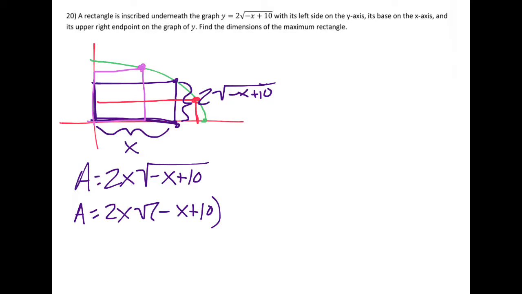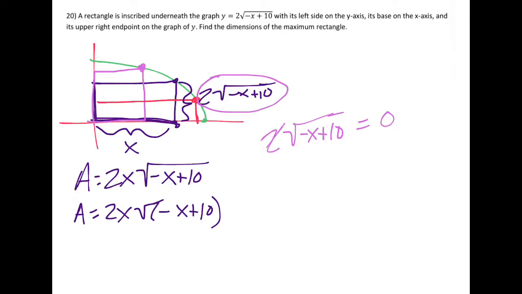So again, our technique so far has been to take whatever it is we're substituting into our area equation, which is, in this instance, that equation right there. Take that, 2 times the square root of negative x plus 10, and set that equal to 0. Well, let's divide by 2 on both sides. Okay, 0 divided by 2 is 0, so that 2 is gone.